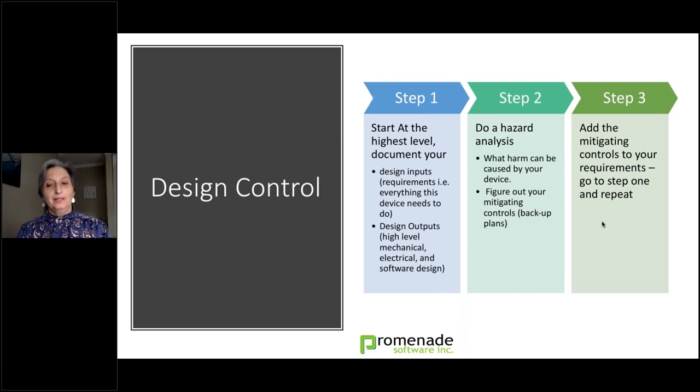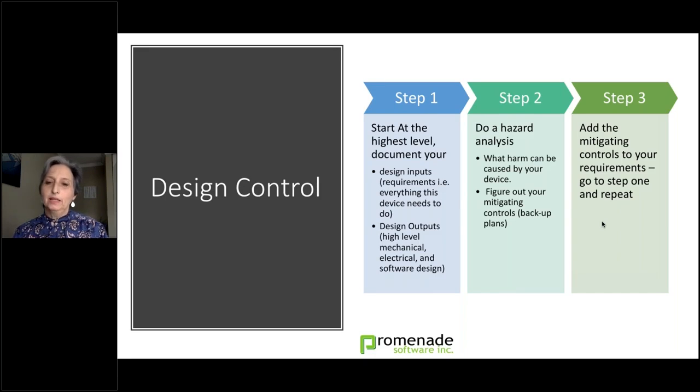Then step 3 is to put those mitigating controls back into your requirements for your engineers. Now, obviously, this is a joint effort to figure out the requirements and the mitigations. It's an engineering process, but it requires everybody involved, from the stakeholders to the people that understand the technology, whether it's a chemist or the system designers, to the engineers, the electrical, mechanical, software.